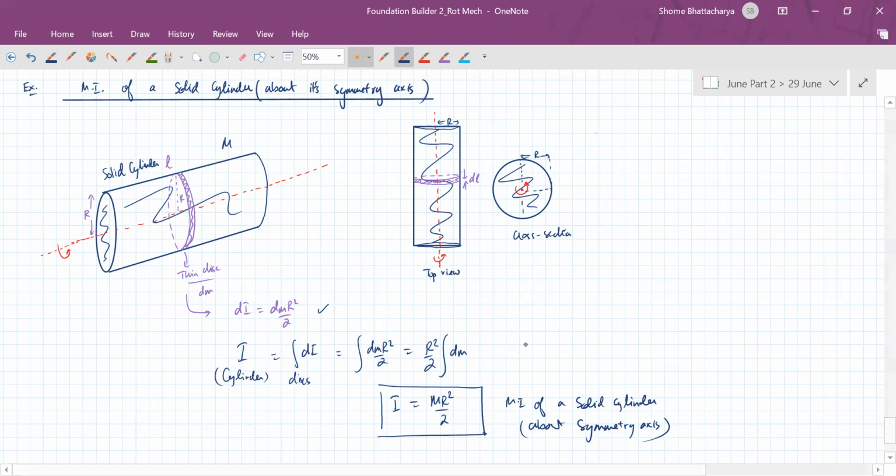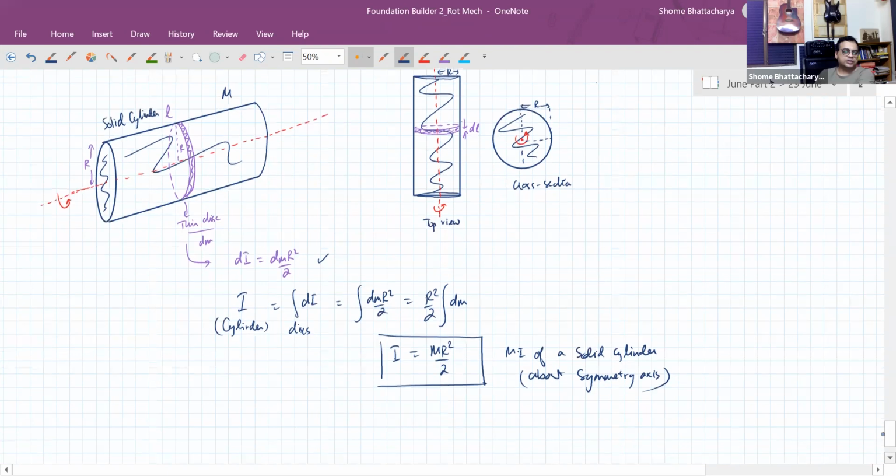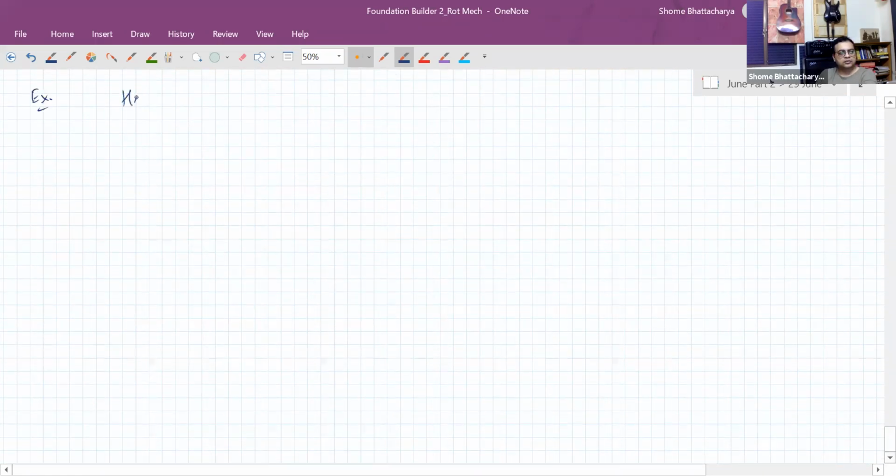Done. Okay. So now similarly, the final example of moment of inertia, if we have a hollow cylindrical shell, of mass m, radius r and length l. So the moment of inertia about the symmetry axis.